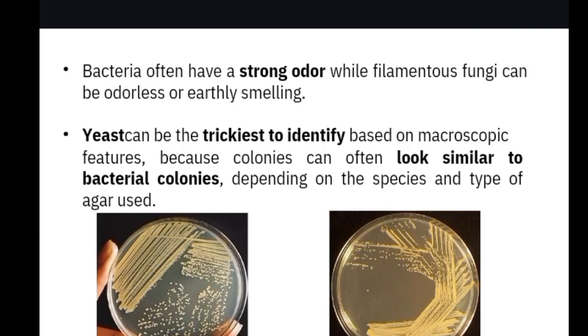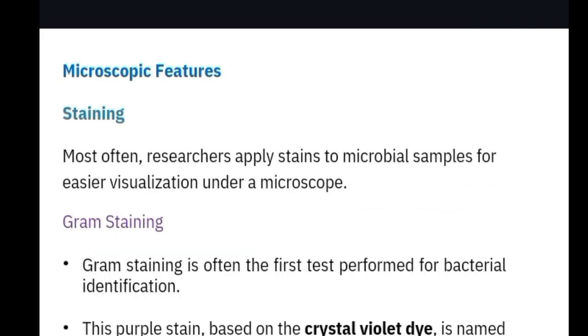So if we smell their odor, bacteria have a strong odor, while filamentous fungi can be odorless or earthy smelling. Yeast can be the trickiest to identify based on microscopic features, because colonies can often look similar to bacterial colonies depending on the species and type of agar used. Here is the diagram of bacterial colonies on the left side and the yeast colonies on the right side.